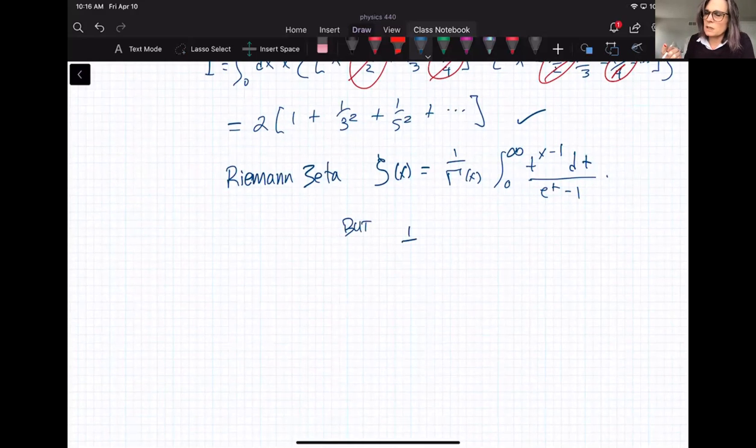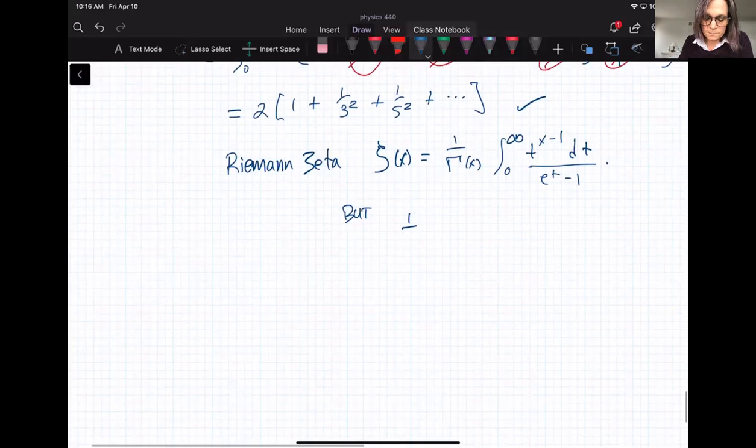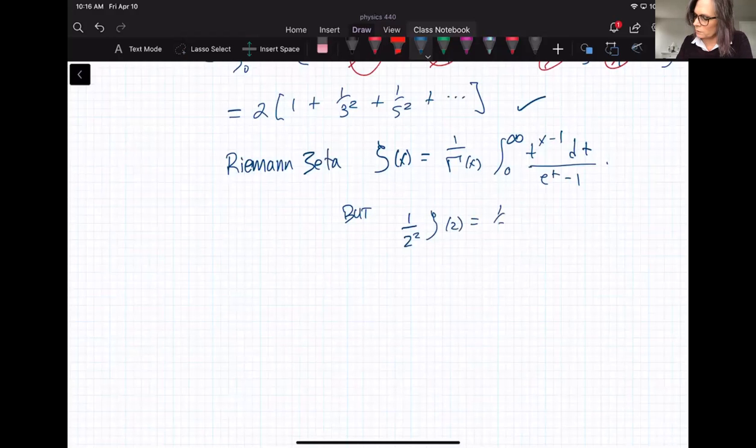You'll especially encounter it in combinatorics, but essentially, I think where you would most see this is in quantum. You can write 1 over 2 squared zeta of 2 is equal to 1 over 2 squared plus 1 over 4 squared plus 1 over 6 squared.